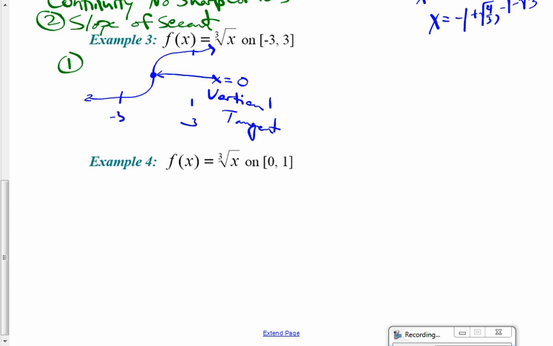Does the vertical tangent disqualify it from being differentiable? Does it? I think it's a valid question.